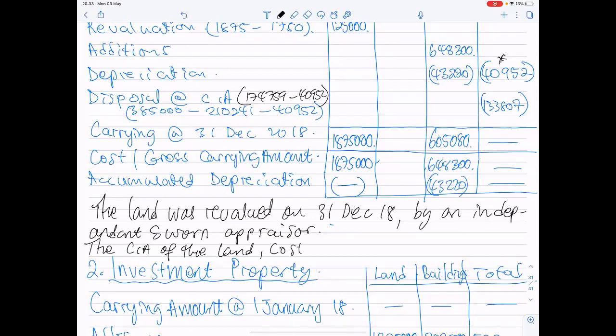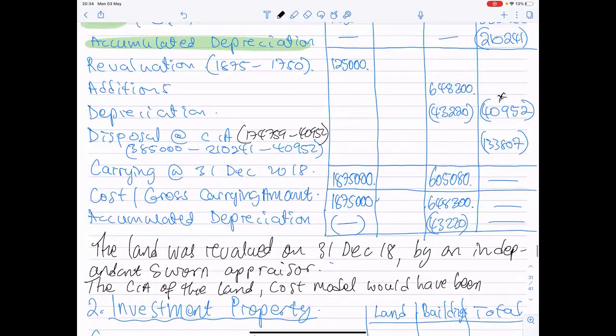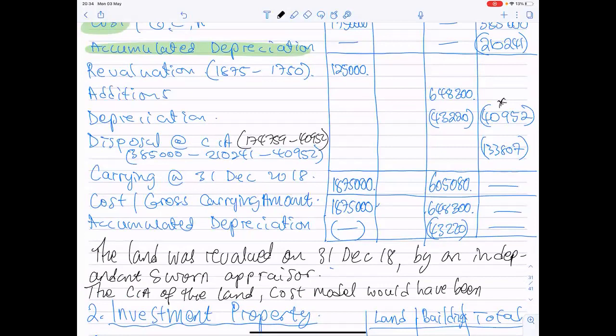So if it was carried under the cost model, would have been how much? If the land was shown at the cost model, the value of the land would be how much? Good people? Are we still there?